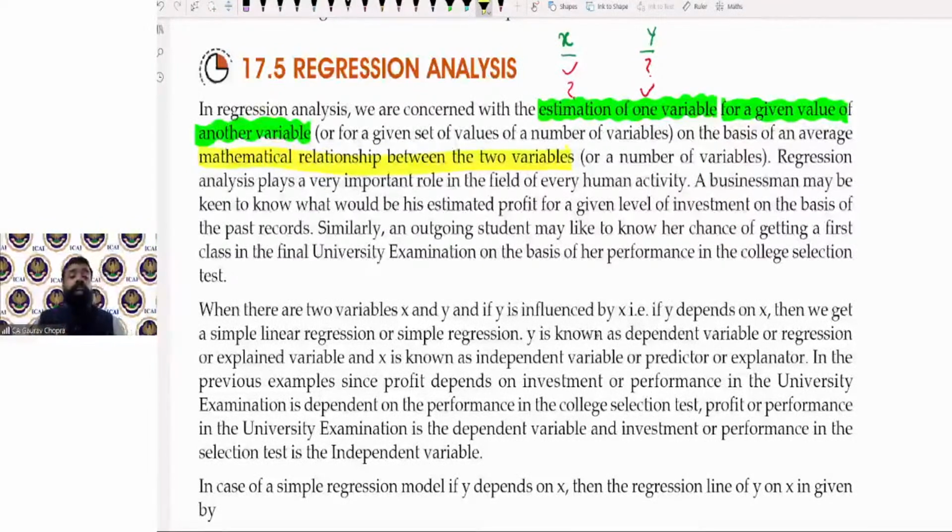So in order to find out any of the values, there must exist a relationship between two variables. तो in short, दोनों variables के बीच में कोई एक equation होगी और उस equation की help से हमें missing figure को calculate करना है. Alright?